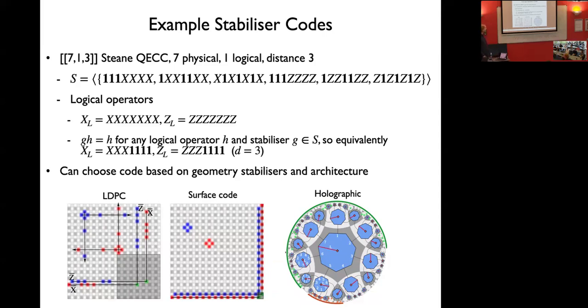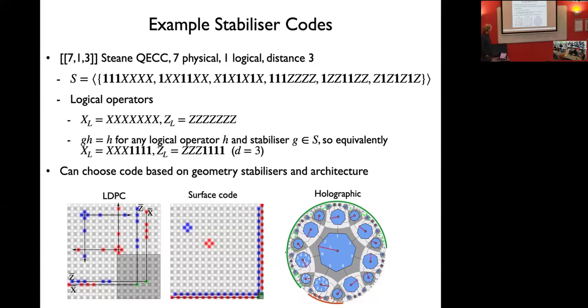And the logical operators can be represented as 7-fold products of X or Z. But a logical operator times a stabilizer is also a logical operator. So the minimum sized logical operator has distance 3, so it can correct 1 error. And people have looked at these for quite a long time now.